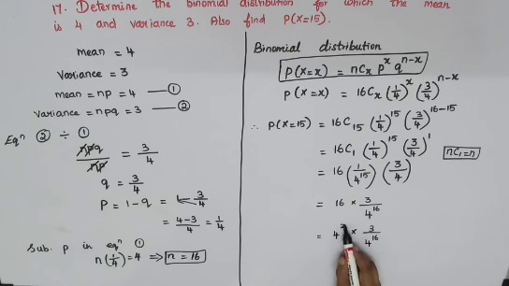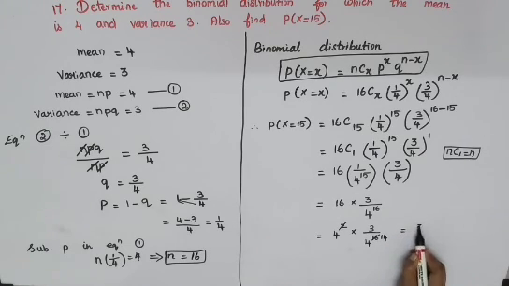So you can cancel this 4 square and 4 power 16, you get 4 power 14. Therefore, the answer will be 3 divided by 4 power 14. So, this is the answer for your 17th question.